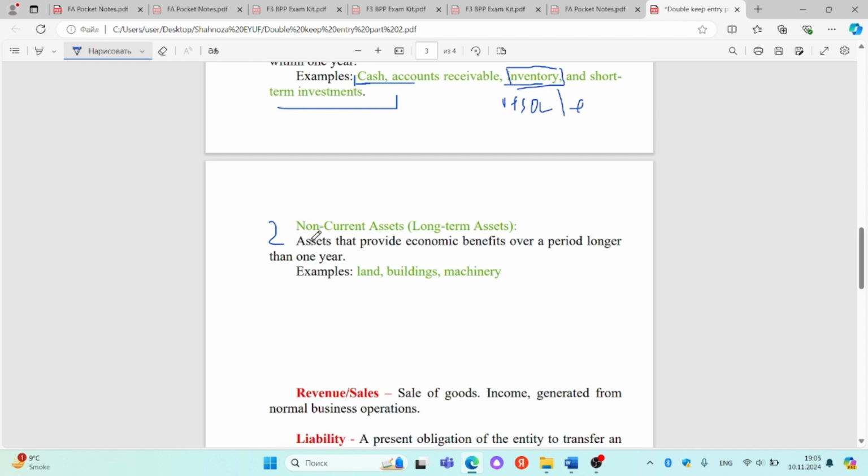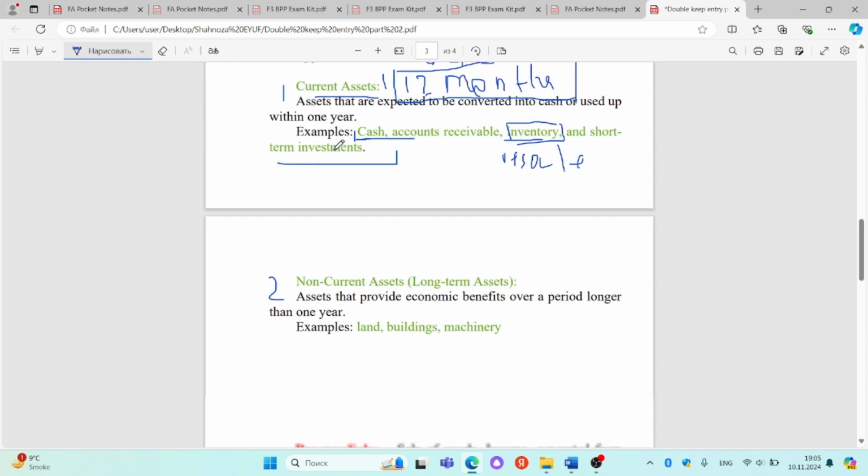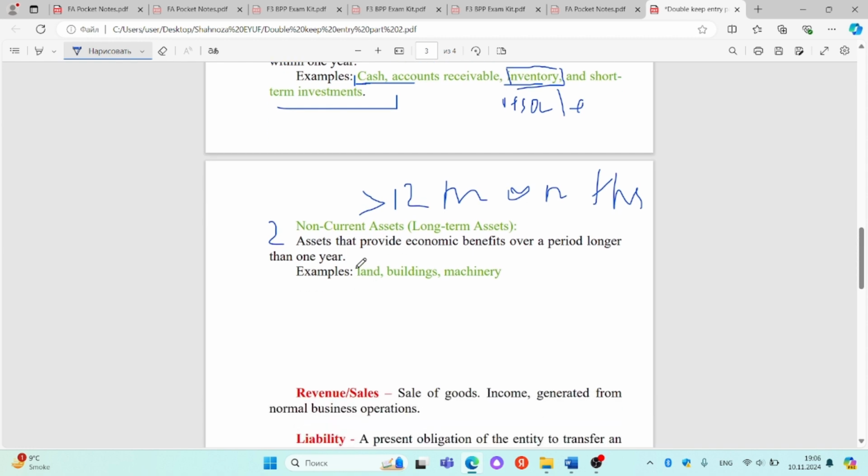And if we talk about the non-current assets, it is vice versa of the current assets, which means we will be having this asset for more than 12 months. We can say land or buildings or machinery as an example.